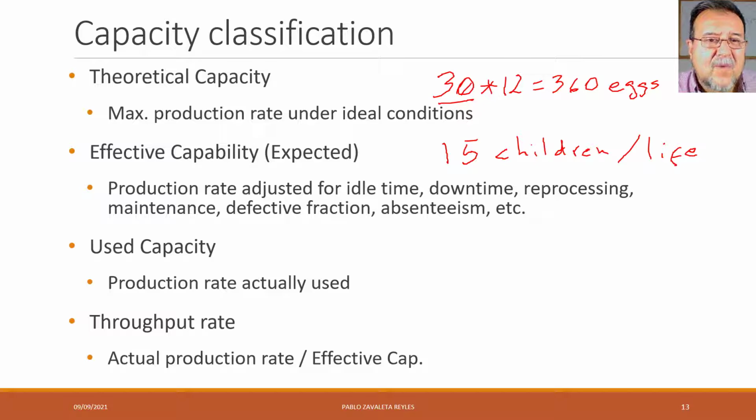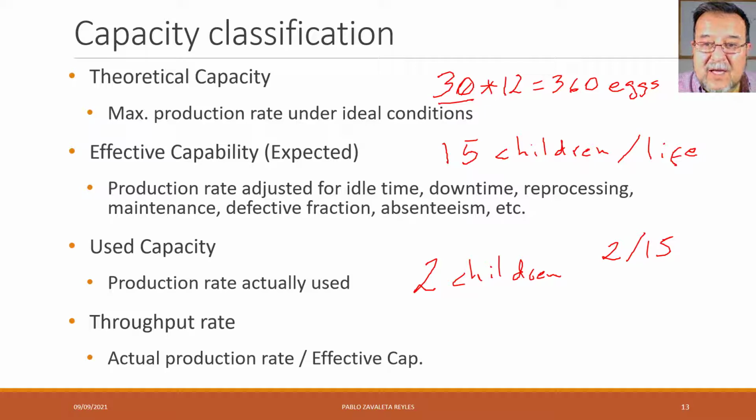However, the actual rate is not 15 children. Most couples have only 2 children. So that automatically gives us that use capacity would be 2 divided by 15.